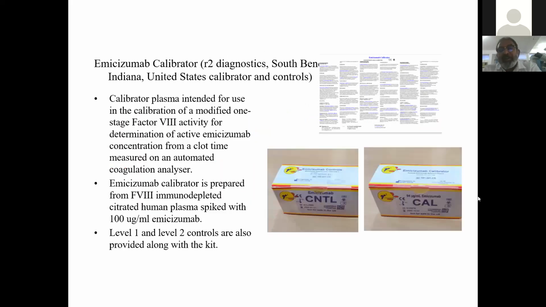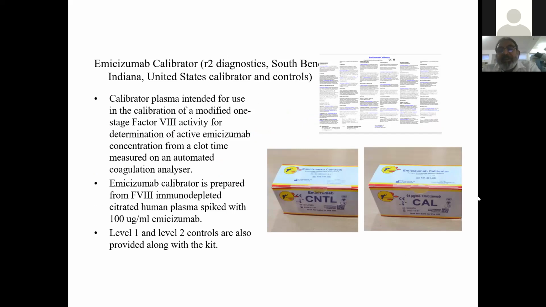So this is what is available, which is manufactured by R2 Diagnostics, which is the same as Enzyme Research. The product insert will tell you that this is a product which has been made by spiking factor deficient plasma and assigning a value after a calculated value, and then also assaying the value.